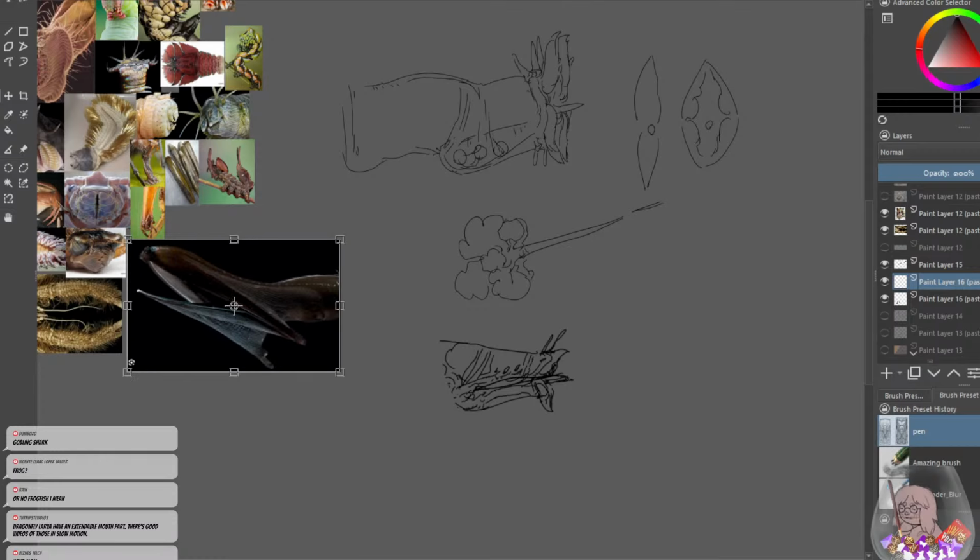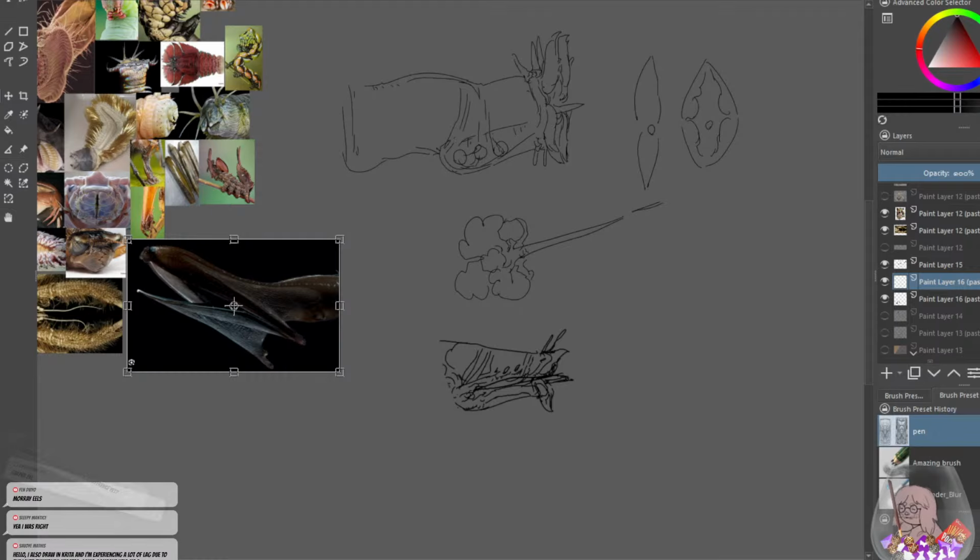Is that called a frogfish? What are these guys called? Gulper. I think they're called gulper. Gulper eels, not frogfish. Yeah, dragonfly. Oh yeah, dragonfly nymphs as well. Totally.